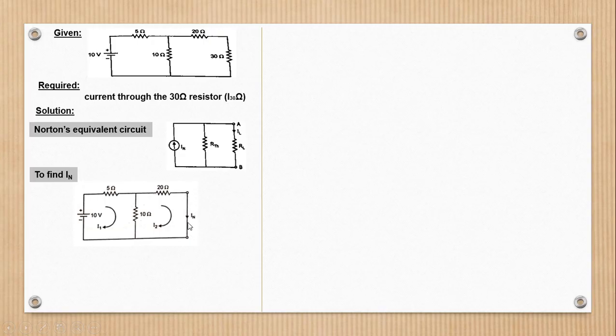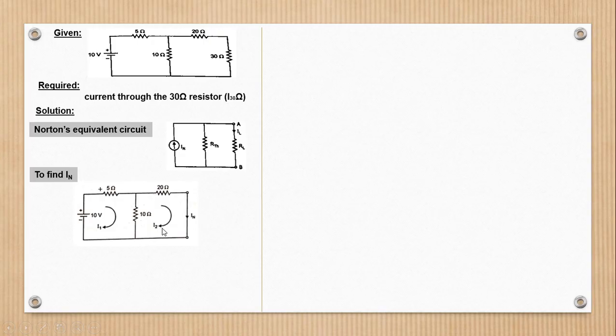Current flow through the short circuit terminals is called Norton's current. The given circuit consists of two closed loops. We are going to apply loop current method. I1 is the loop current for first loop, I2 is the loop current for second loop.